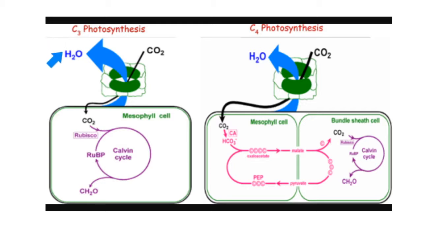In C3 photosynthesis, the light-dependent reactions that split water and generate oxygen as a byproduct occur in the same mesophyll cells that the carbon fixation, or light-independent reactions, occur, where the carbon dioxide comes in and is fixed with rubisco, eventually going through the Calvin-Benson cycle to form organic molecules such as sugars.